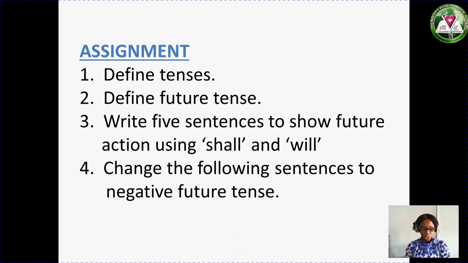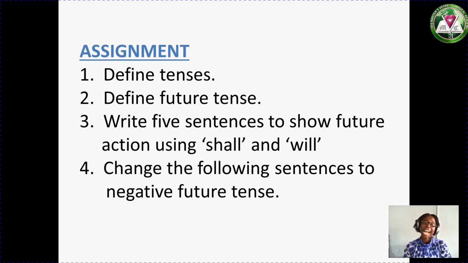We use future tense to express an action that will take place in the future, using shall and will. Examples: she will come to school tomorrow. We shall buy a new book next month. We express future tense in negative form by adding not.